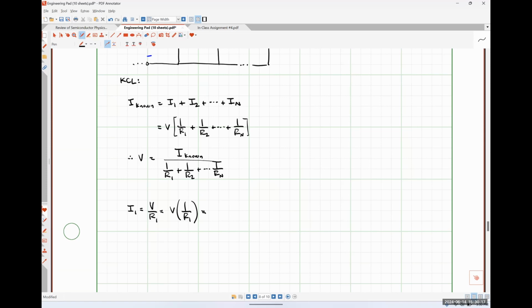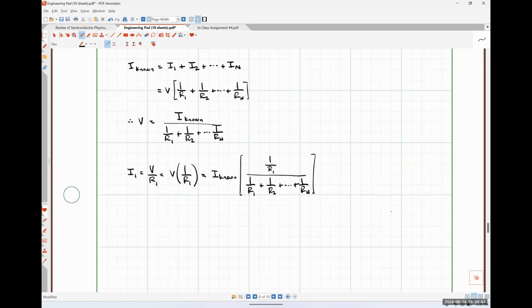And so if we substitute in our relationship for V, this looks like I known times 1 over R1 divided by 1 over R1 plus 1 over R2 all the way out to 1 over R sub n.